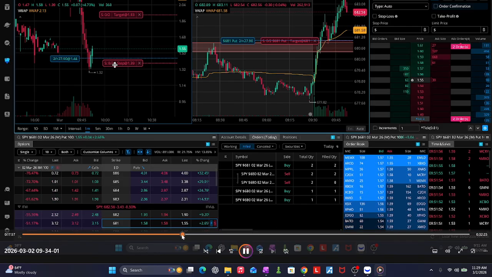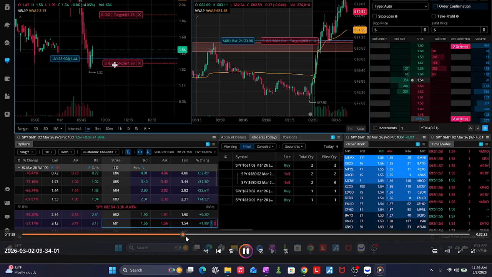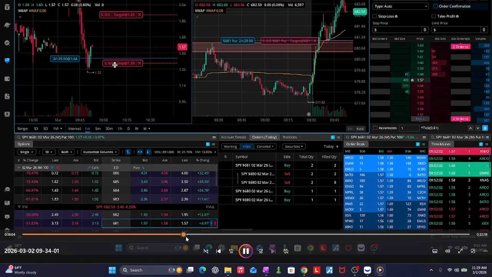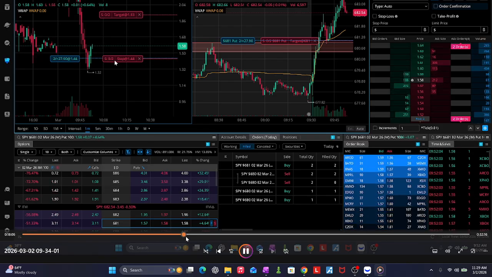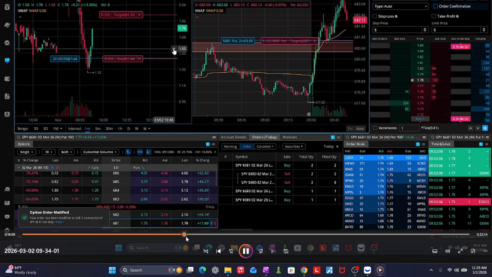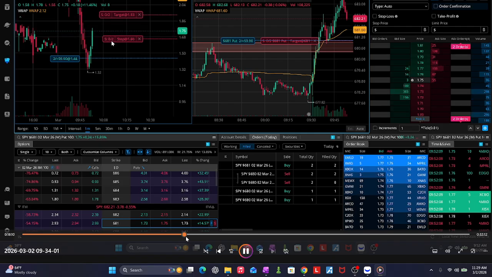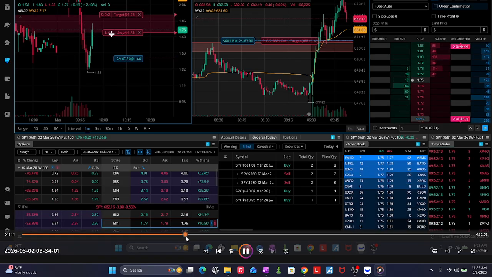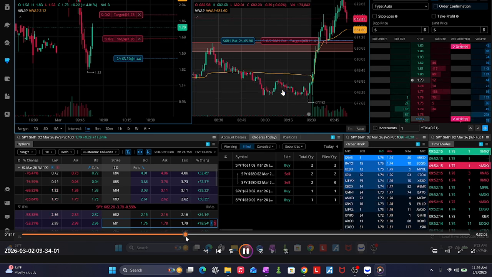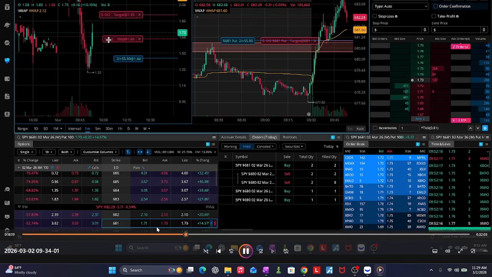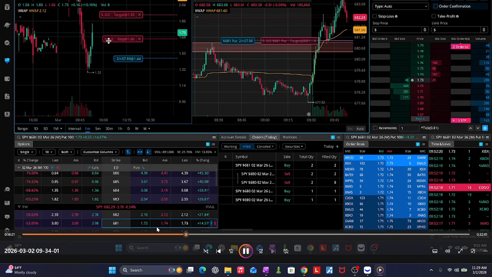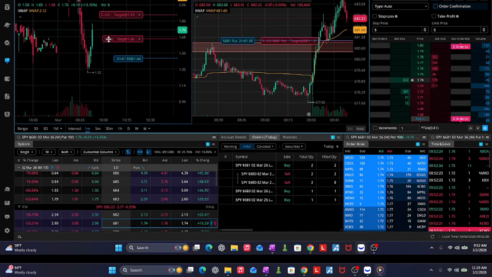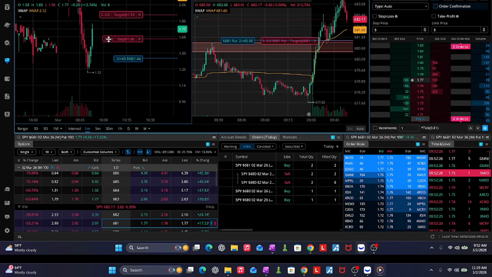And we can see how this move ends up carrying on. So now I'm up my 1-to-1, so I go break even. I'm up my 3-to-1, so now looking at securing profits. Hitting my 3-to-1 target, I really don't want to take anything less than that. That would be the ideal.